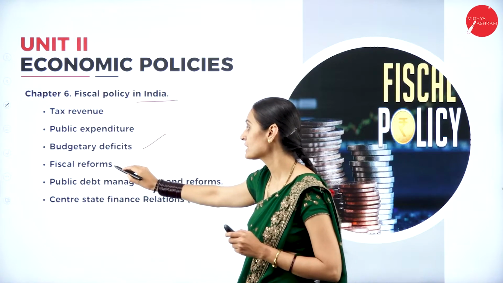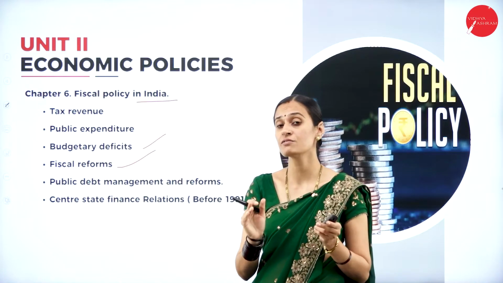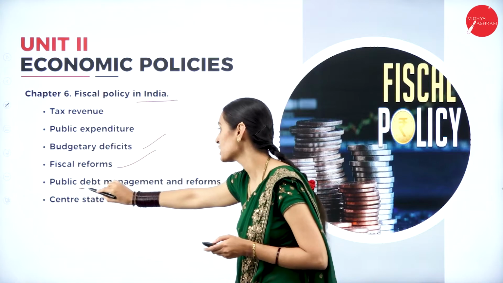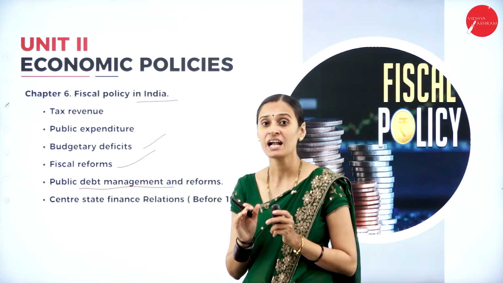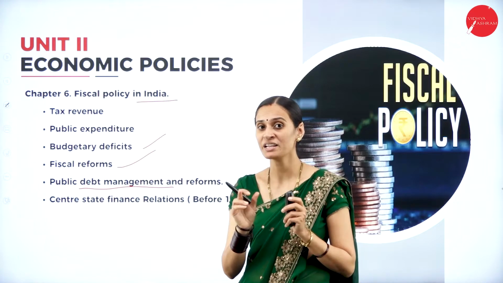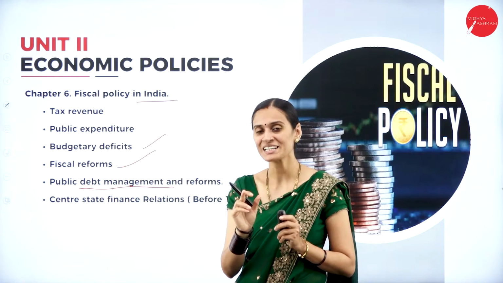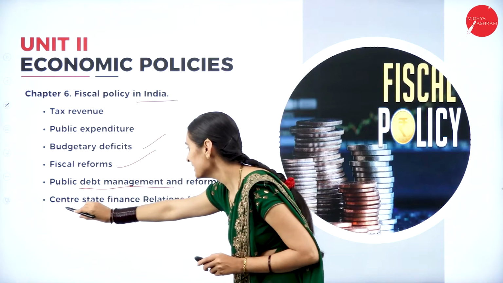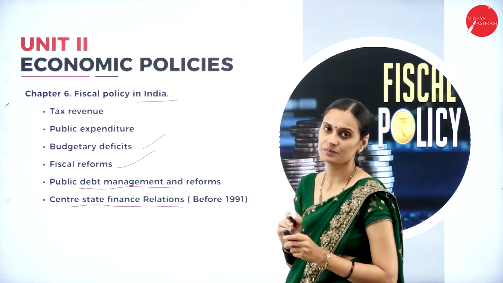And next, fiscal reforms: tax reforms and expenditure reforms. And next, public debt management, how the government will manage the public debt, since it is not possible to manage the expenditure by its revenues. This is one of the important contents. And next, center-state finance relations before 1991.